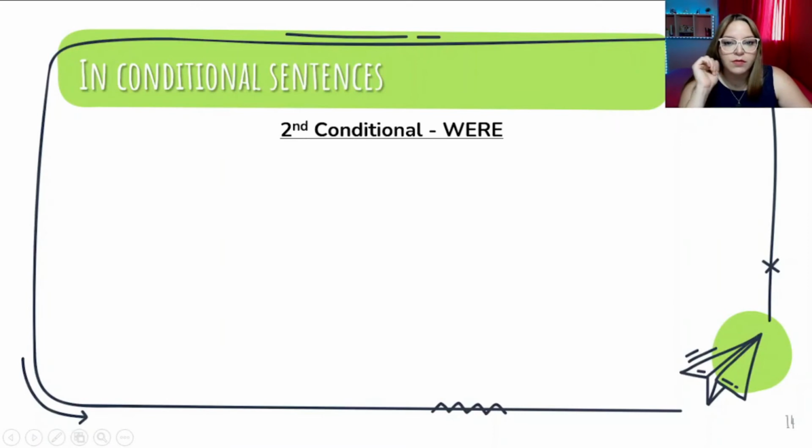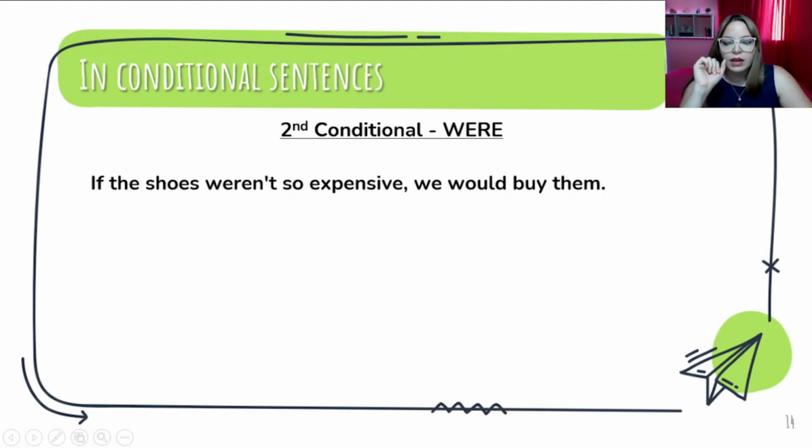Okay, let's move on to the second conditional. Here, we should use the word were to transform a normal sentence into an inverted one. In the example, it says, if the shoes weren't so expensive, we would buy them. How do we invert?